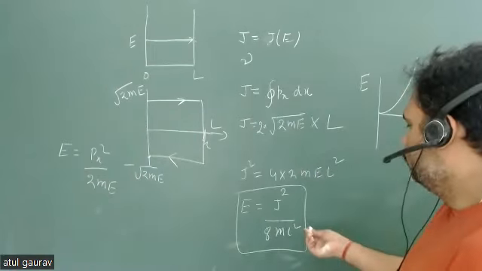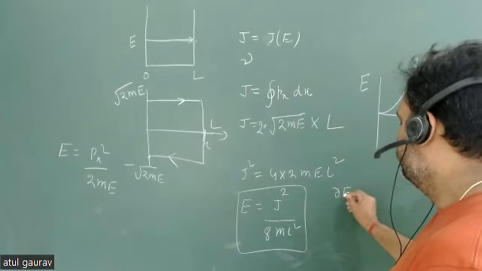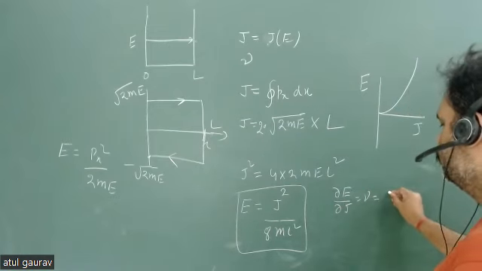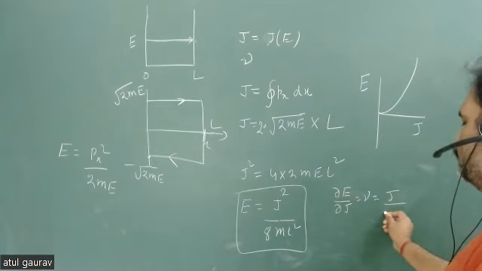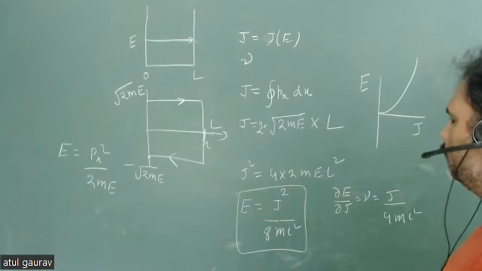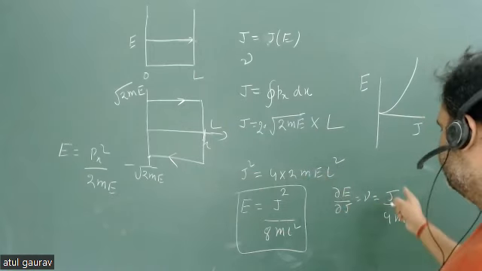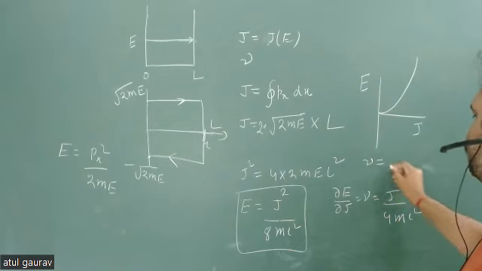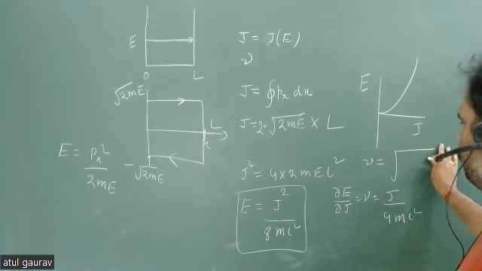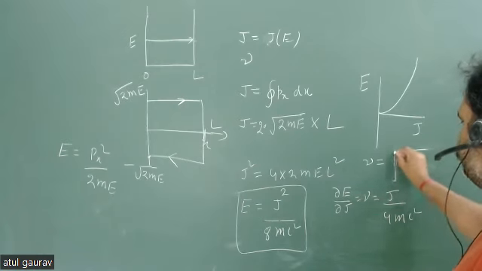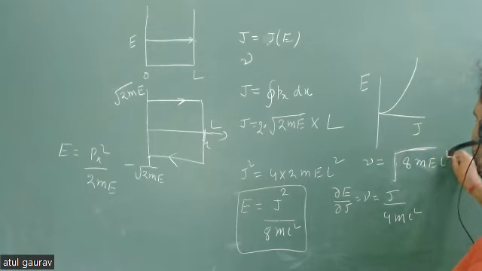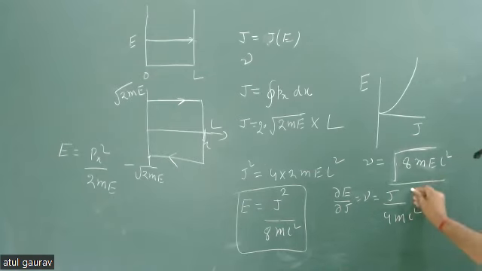Now, we can find del E upon del J. This is my frequency, and this value is equal to J upon 4mL square. Again, we can write J as a function of energy because energy is the given parameter. So this frequency is 8mE L square by 4mL square.